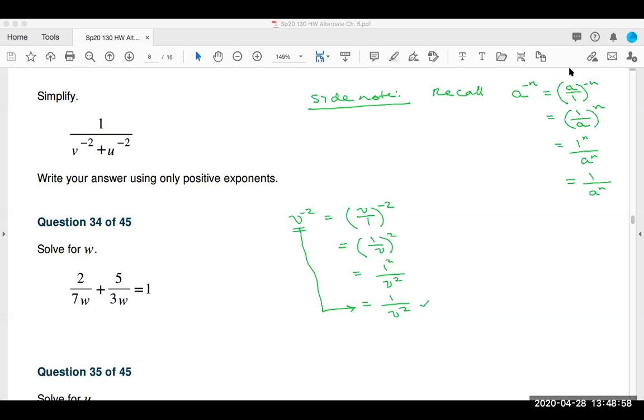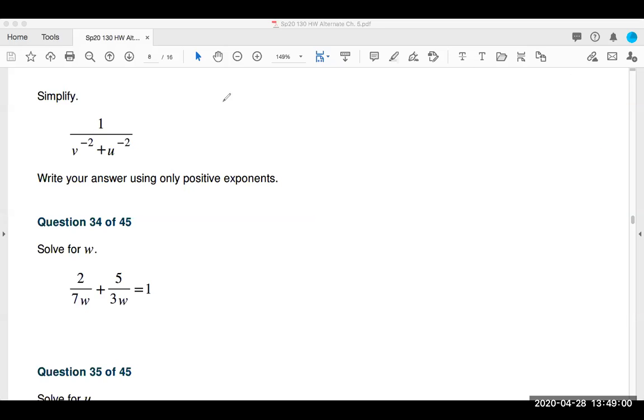All right, let me save and then clear that out. So here, we're going to have 1 divided by 1 over v squared plus 1 over u squared. Now keep the 1 on top for the complex fraction.